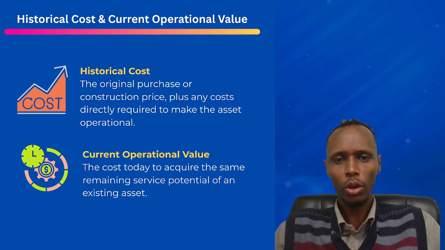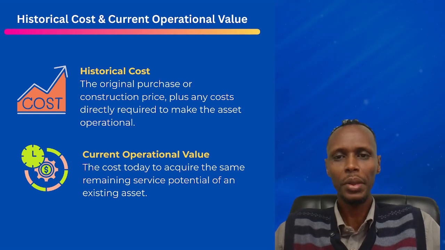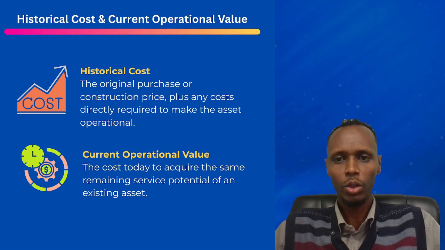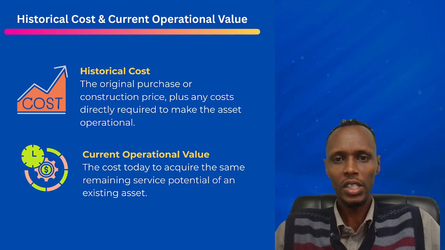Then there is this newer concept, current operational value. How is it different? This is not what we used to call the market value. Instead, it is the cost you would pay today to get the same level of service potential your current aging asset still provides. For a school building or classroom, you go back to the market and measure how much it would cost to build such a classroom.